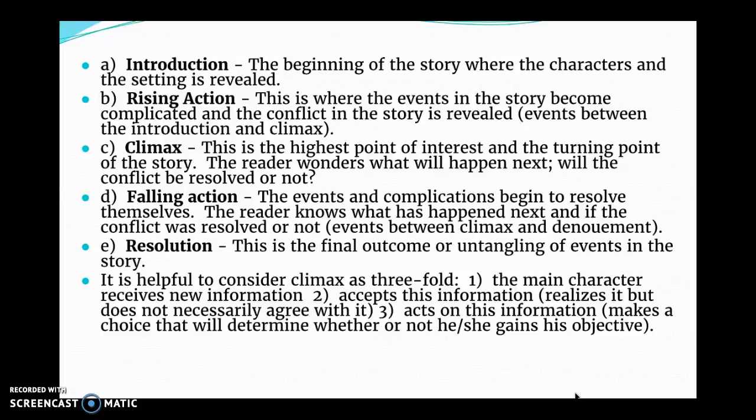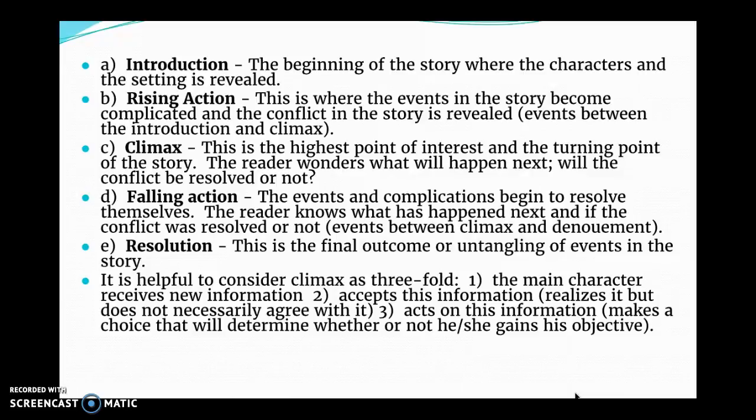Falling action is when the events and complications begin to resolve themselves. The reader knows what has happened next and if the conflict was resolved or not. Finally, the resolution. This is the final outcome or the untangling of the events in the story.